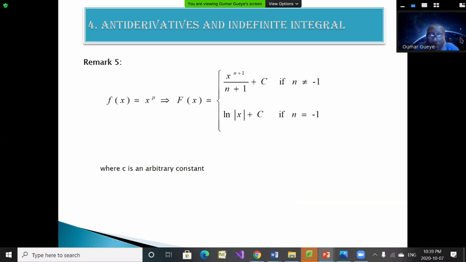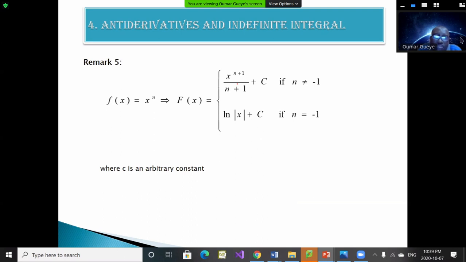Because when n is equal to minus 1, x to the power minus 1 is exactly equal to 1 over x, and 1 over x is the derivative of ln of the absolute value of x. Otherwise, you can always apply the first formula for n positive, negative, or a fraction.